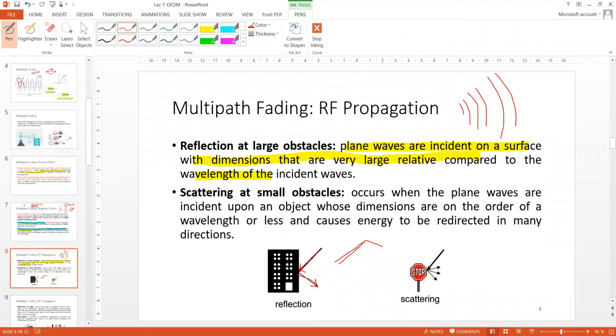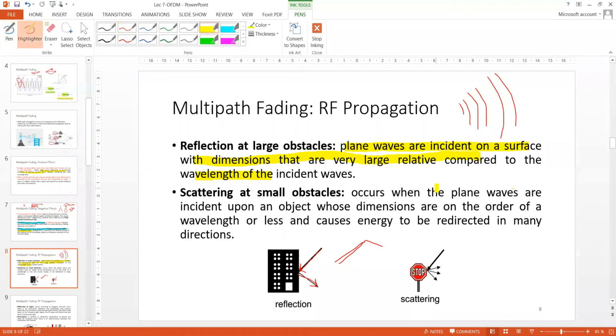Now, another phenomenon that can take place between the transmitter and receiver is commonly referred to as scattering. Unlike reflection, when the waves are incident on an object in such a way that the size of the object is approximately equal to or less than the wavelength of the incident wave, we get scattering.